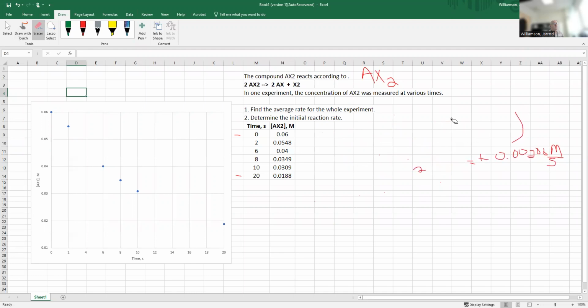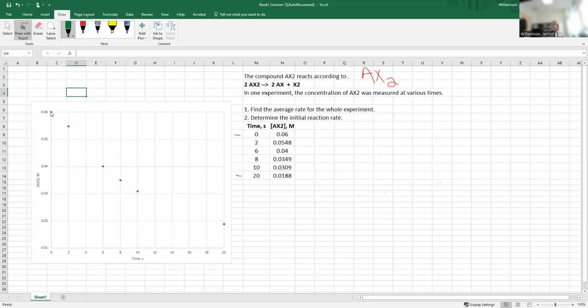Okay, now it says I need the initial rate of reaction. That means I need a tangent line at t equals 0.